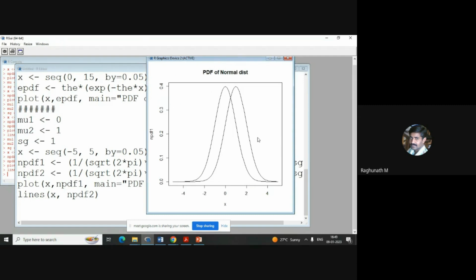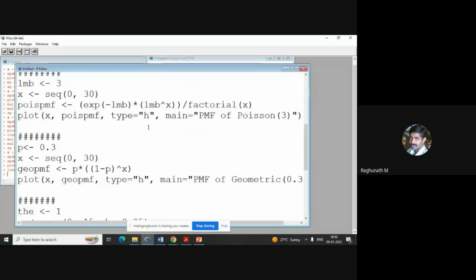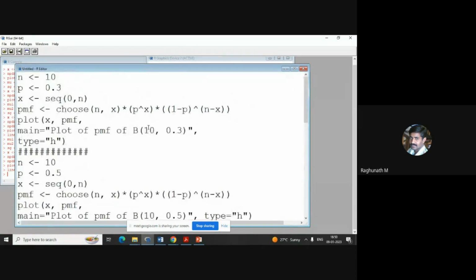So this is all about the normal distribution. This is what I have just covered, in the case of discrete, coming to the continuous distributions. If you observe all these programs that we have written, we have not used any inbuilt functions regarding the distributions.